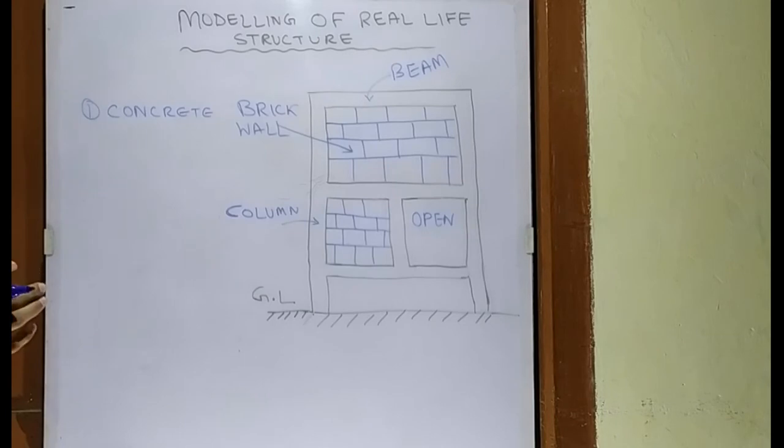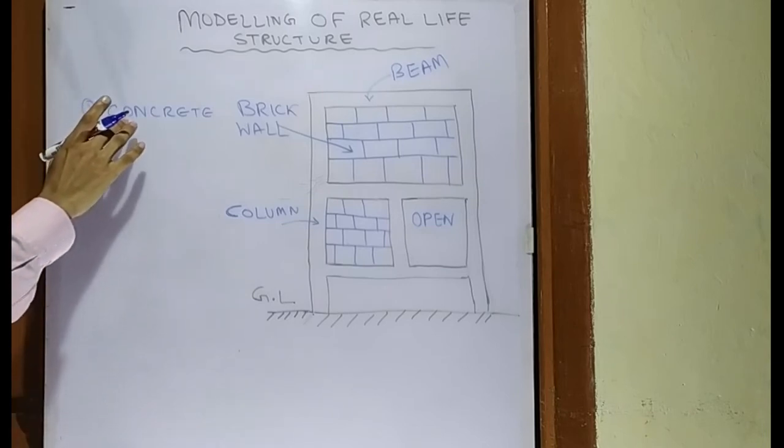If we have poor workmanship, there will be variation in the strength of concrete. If we haven't mixed the concrete very well, there will be variation. If we haven't used aggregate of good quality, or as specified in the mix, there will be variability in the strength of the concrete. So there are many uncertainties associated with concrete. This is a very simple example.